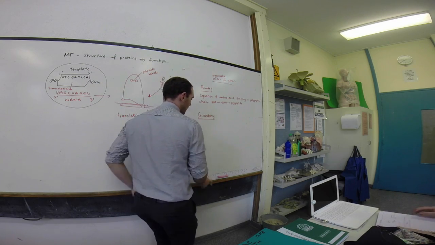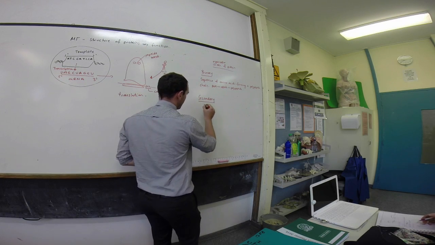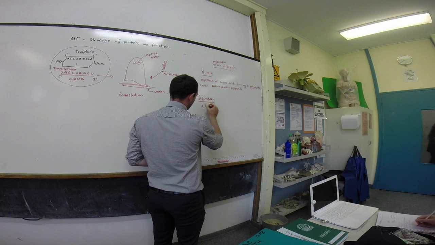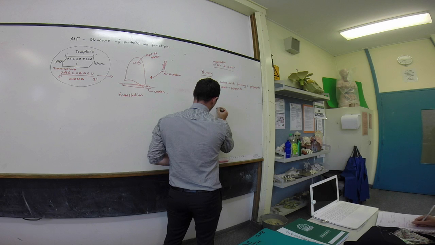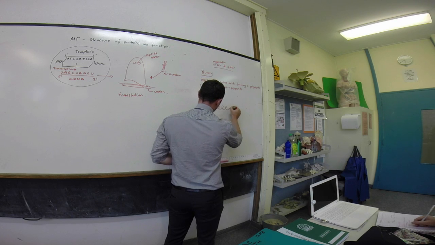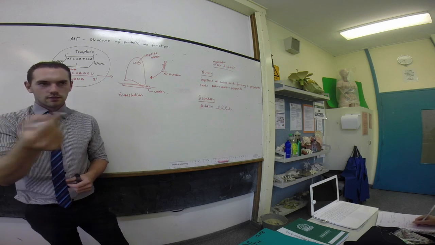So in secondary, we have two main structures forming. We have alpha helices, and they look like these. So these are amino acids forming a coil.